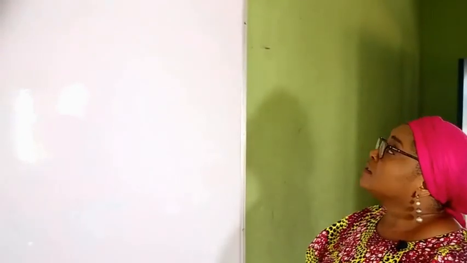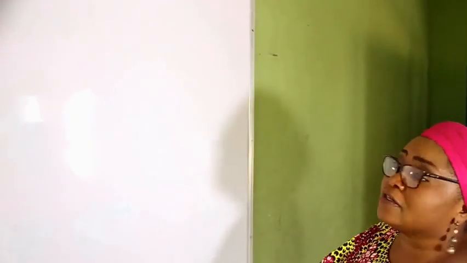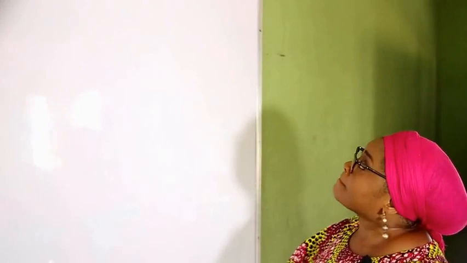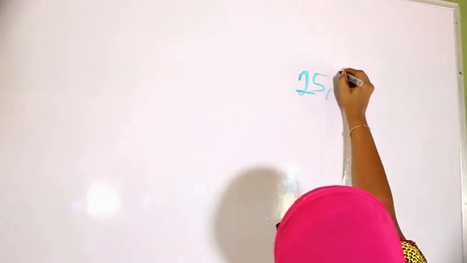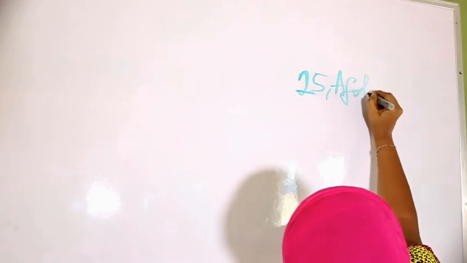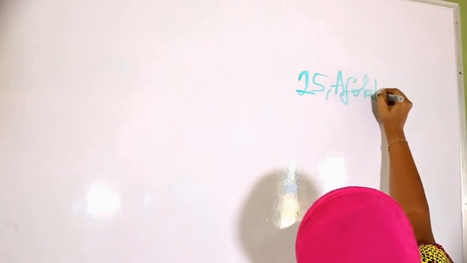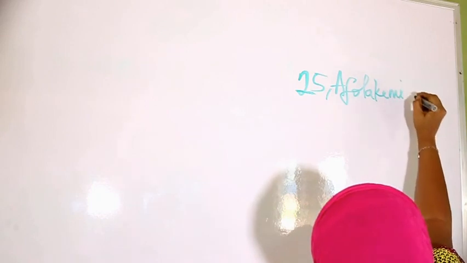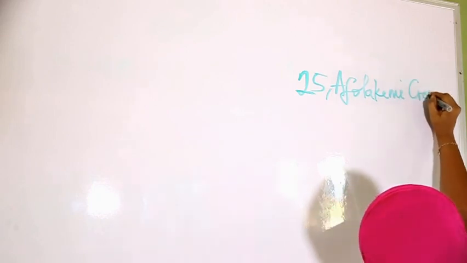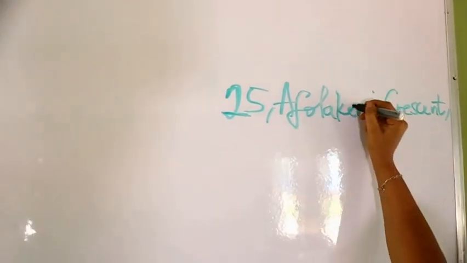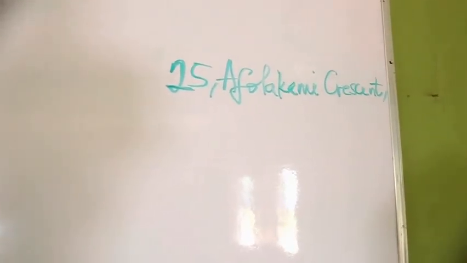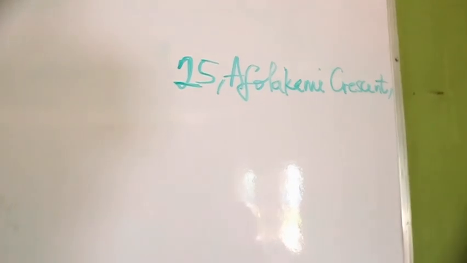Okay, now let me use an address to buttress more on the first step under the features of an informal letter. Let's assume your house address, or my house address, is 25 Afolakemi Crescent.